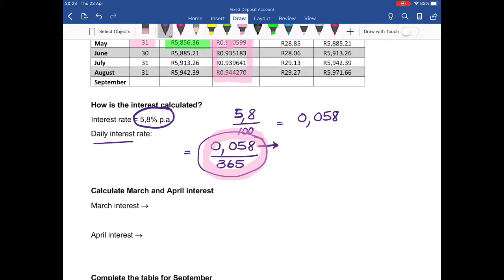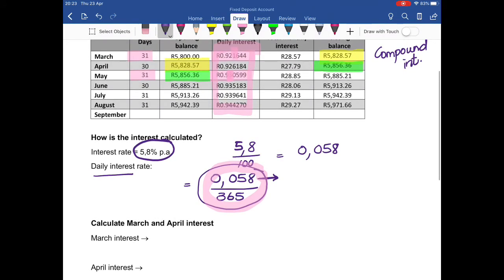So at the beginning of March, we had 5,800 Rand.